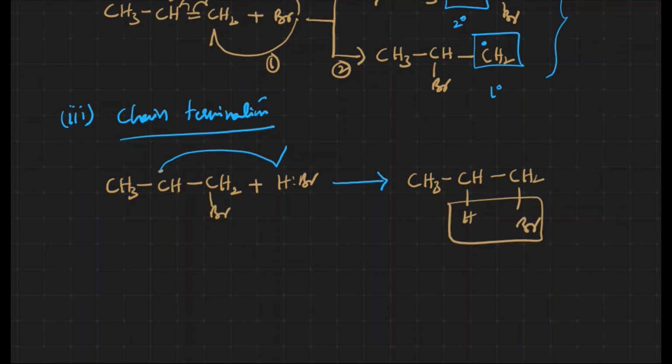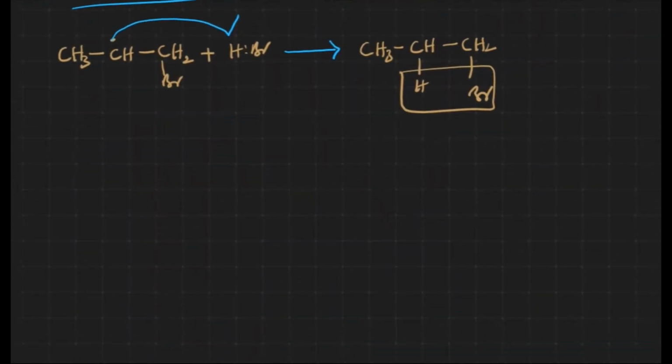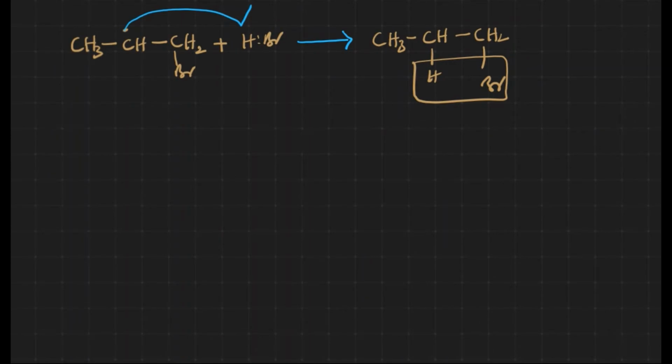One thing we have to observe: the product is not similar to the Markovnikov product. It is against the Markovnikov product. That's why we have a rule called anti-Markovnikov rule. Okay, let me write what is meant by the anti-Markovnikov rule over here. Anti-Markovnikov rule.